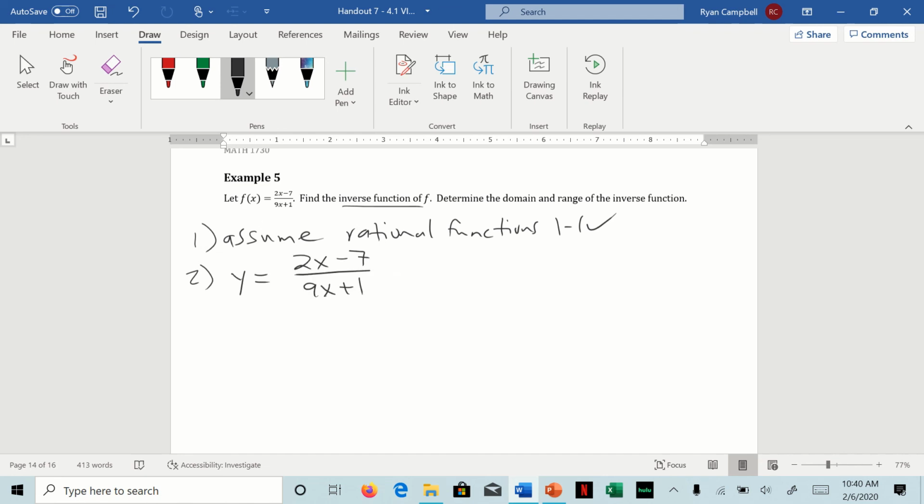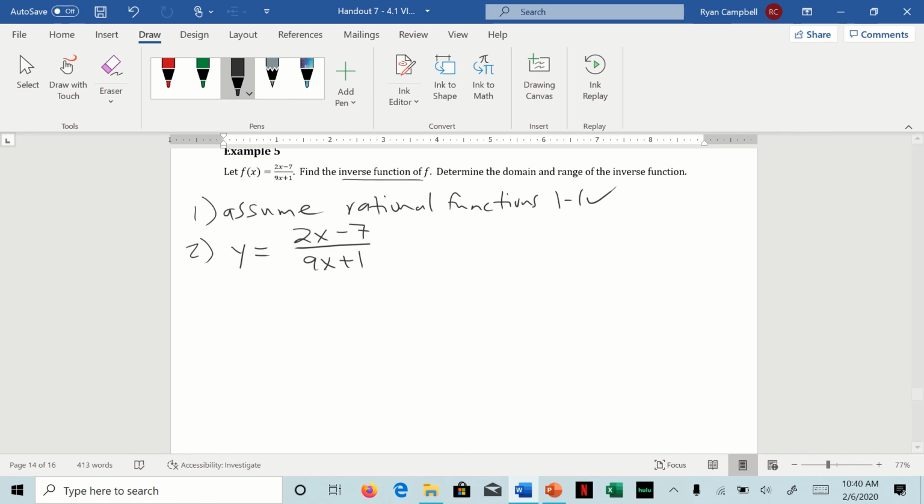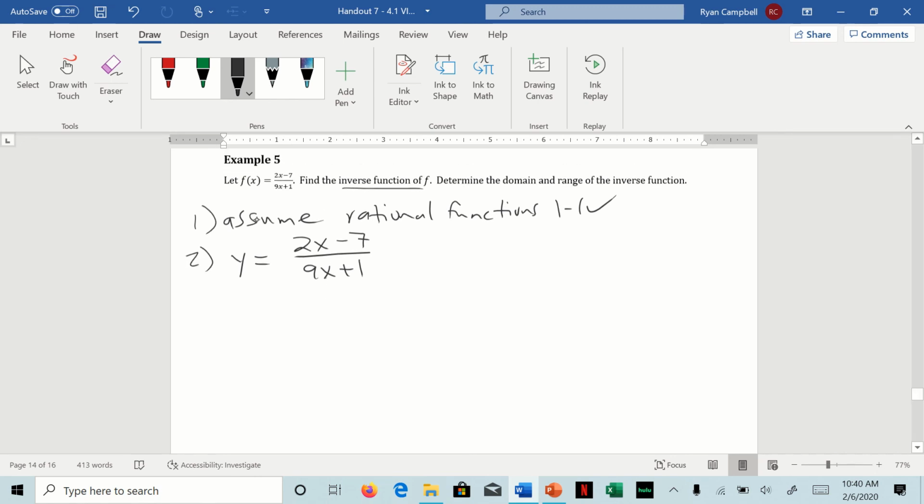If you notice, we're actually going to do the exact same steps that we did last time. We're going to multiply by the denominator. Fractions suck, get rid of them. We're going to distribute that y. We're going to move the x's together and everything else away.